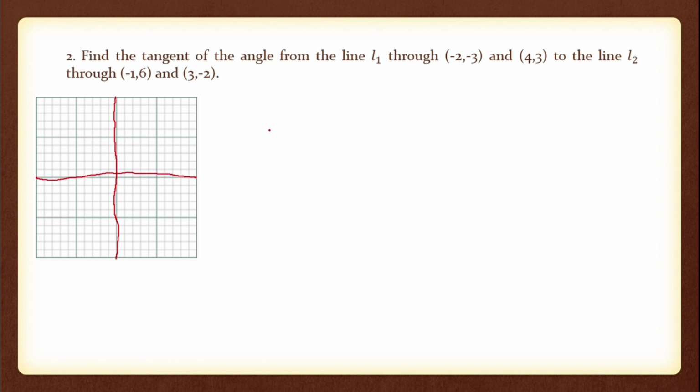So we have here -2, -3, -2, -3 here. Alright. -2, -3.